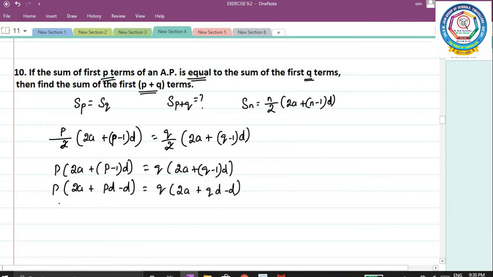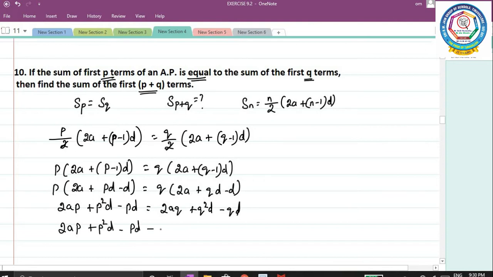Next, taking the p inside: 2ap plus p square d minus pd equal to 2aq plus q square d minus qd. So we have to bring everything to one side: 2ap plus p square d minus pd minus 2aq minus q square d plus qd equal to 0.